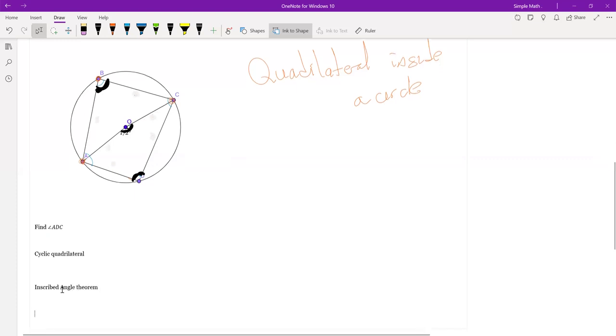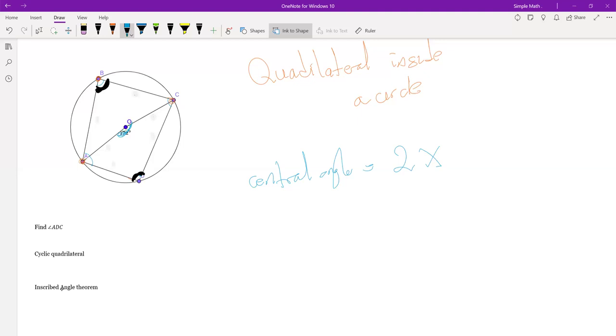Let me put this central angle in a different color, in blue. So the central angle is 2 times the inscribed angle. So this angle here is 2 times the angle here, as long as they are subtended by the same arc.